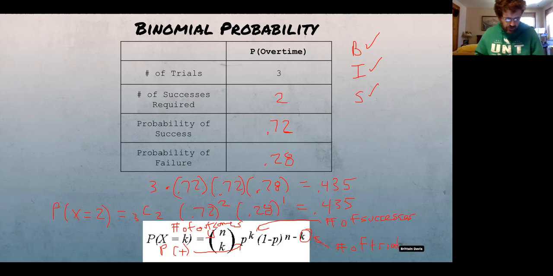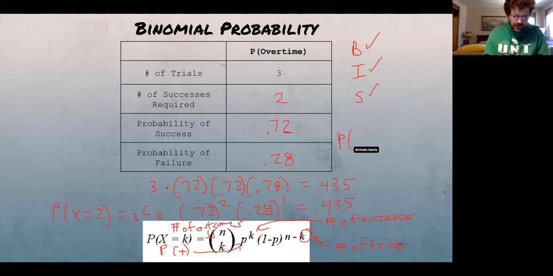So with 3 numbers, you can figure out the probability of this happening. You need to know the number of trials, you need to know the number of successes, and the probability of success. With that, you're good. Those of you who have already read, just to clarify right now, they give you a slightly different formula. It's really the same thing.